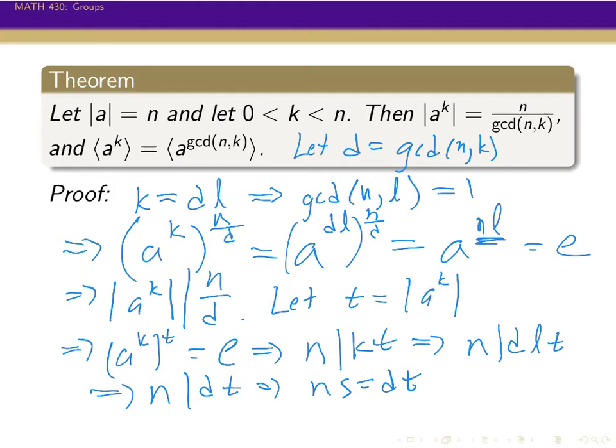And then now we can divide both sides by d because n is a multiple of d. And we get that n over d times s equals t. And so t divides n over d as well.